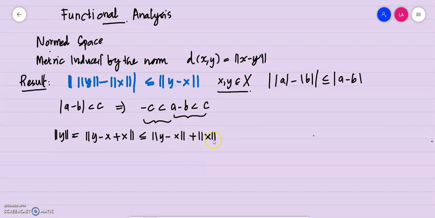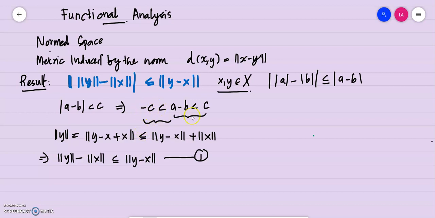Moving norm x onto the left hand side, we get norm y minus norm x is less than or equal to norm of (y minus x). So this is the first part. Take it as equation number 1.